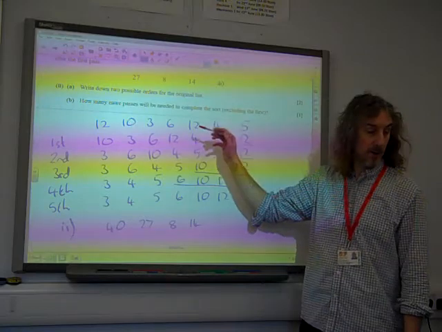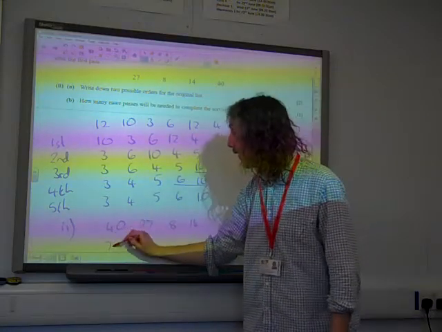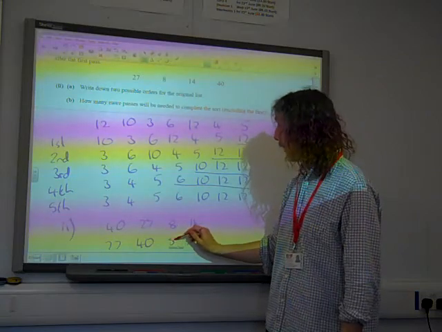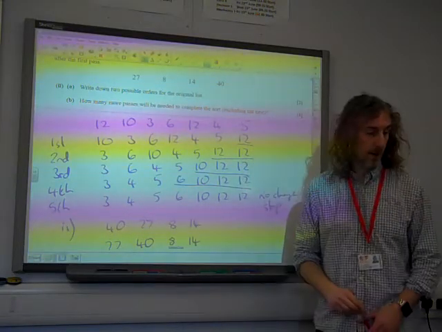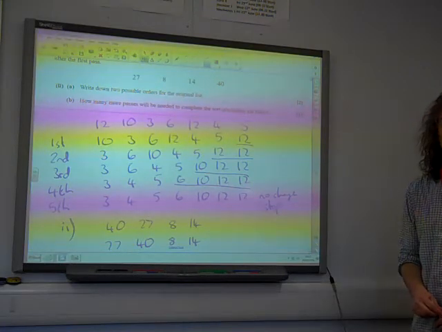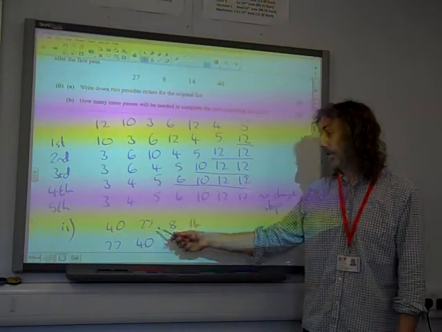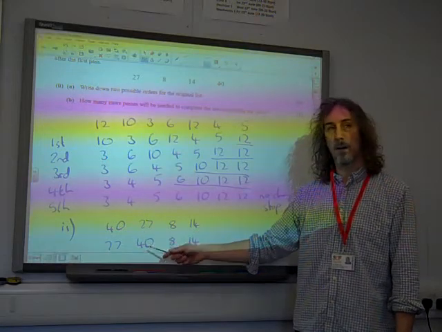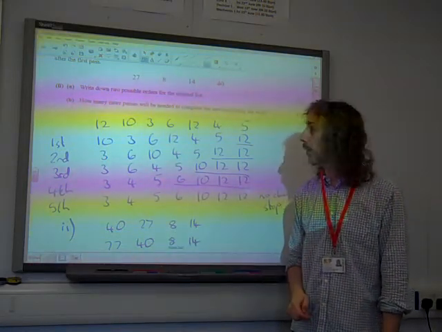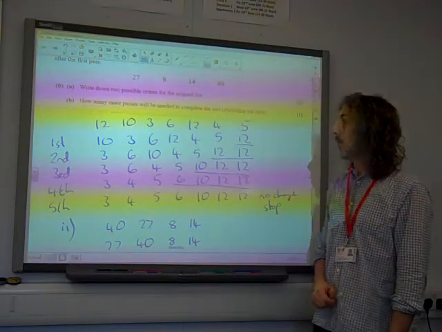So the other option is if it had started 27 and then 40 and then 8 and 14, wasn't it? And that way you would get the same second pass. The crucial thing is that that 27 has to be close to the 40, so it doesn't end up swapping with the 8 and the 14.